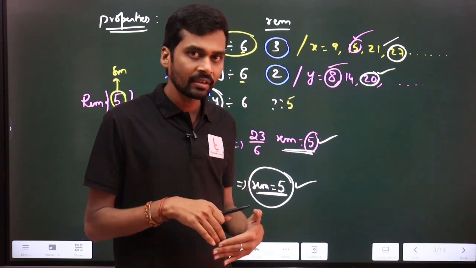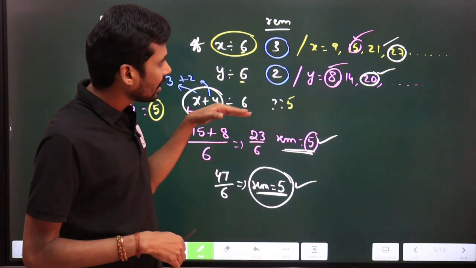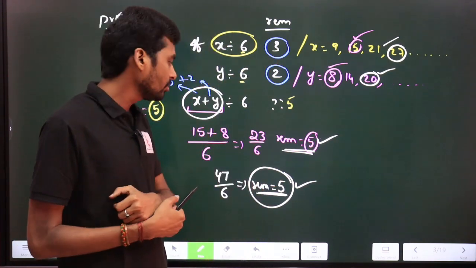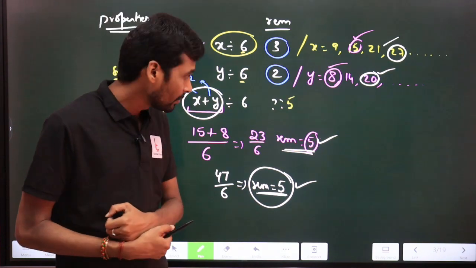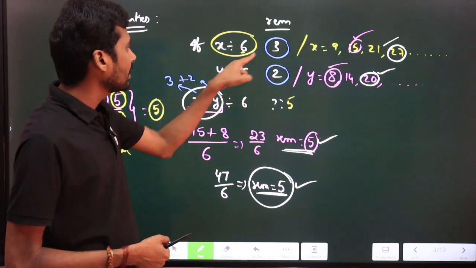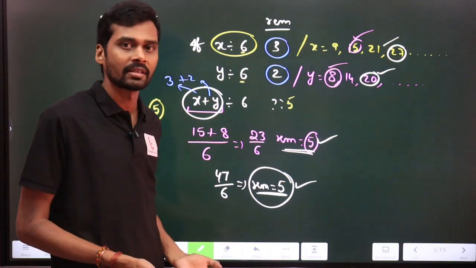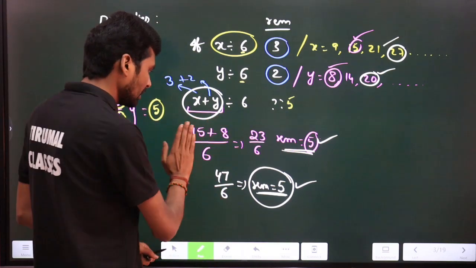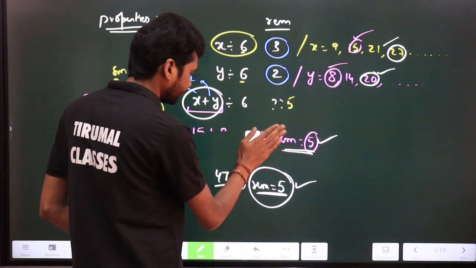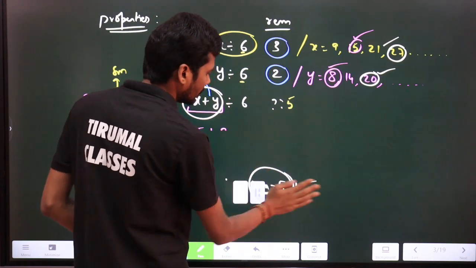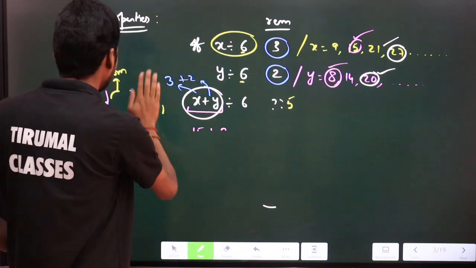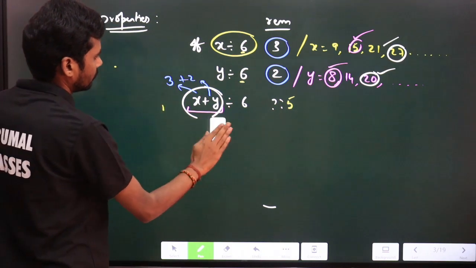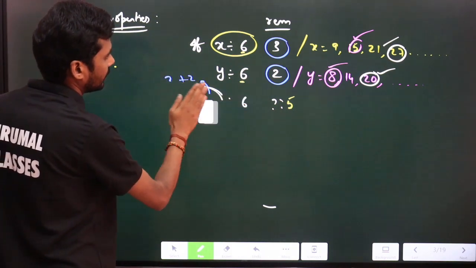Okay, what I am saying now is, you don't need to randomly take the values of x and y. Instead of that, if you take the remainders of those numbers, you will get the same answer. See, the concept is very simple.